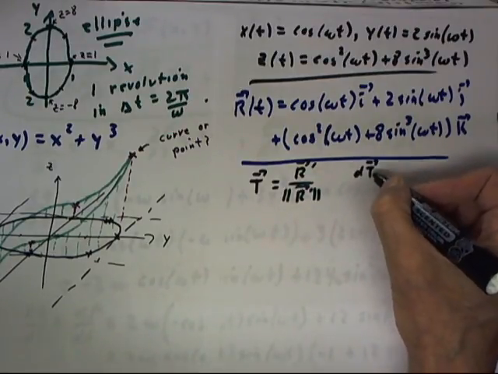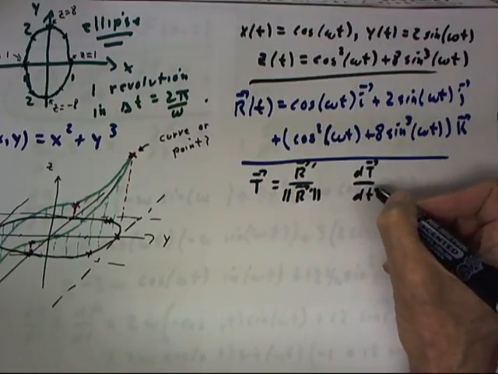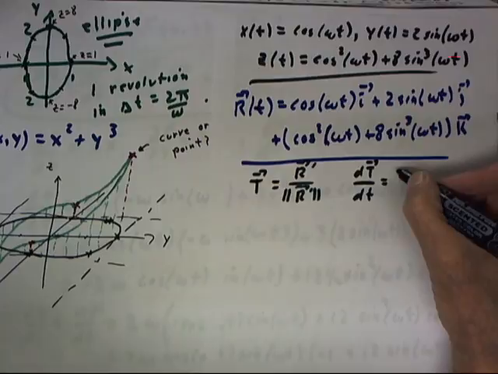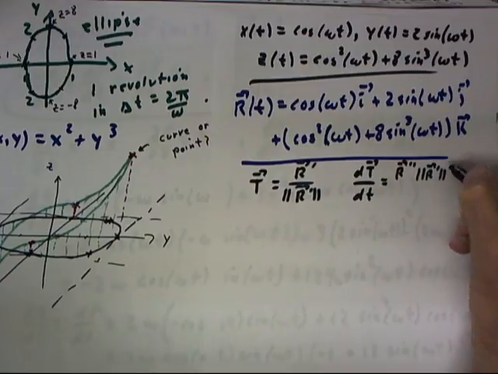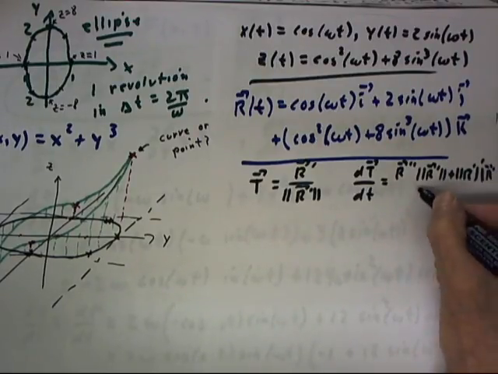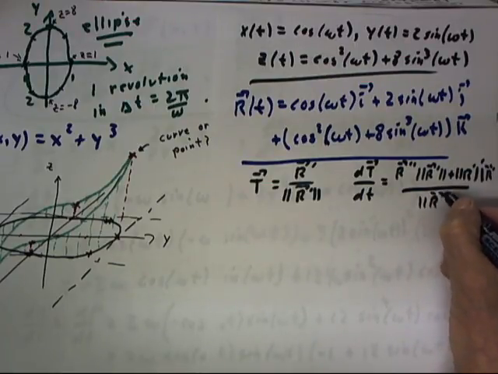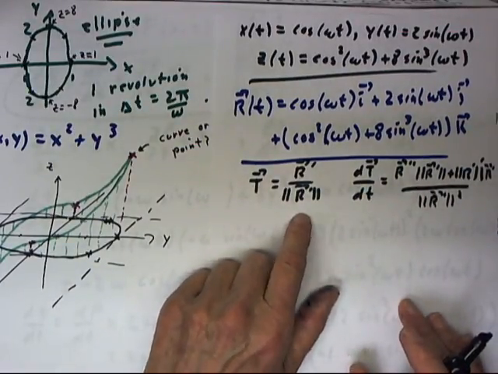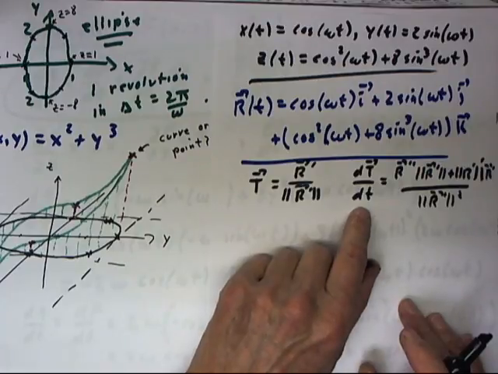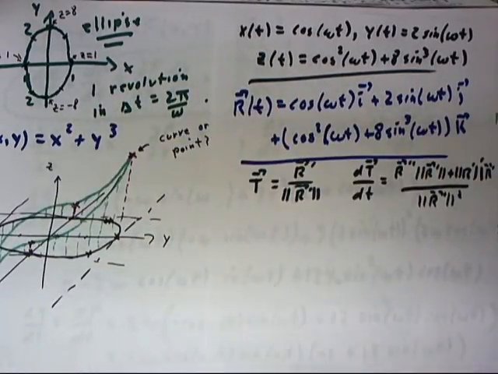Take the derivative of the unit tangent vector with respect to t, and that's going to be r double prime times the magnitude of r prime minus the derivative of the magnitude of r prime times r prime, all divided by the magnitude of r prime squared, and that's going to be a rather disturbing algebraic expression.